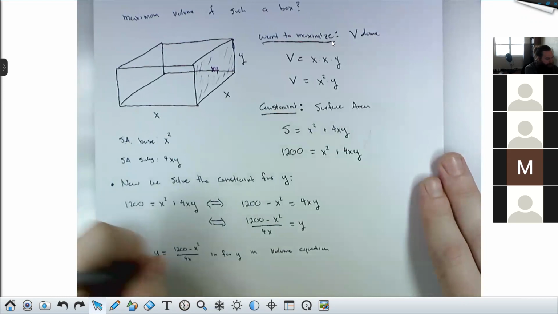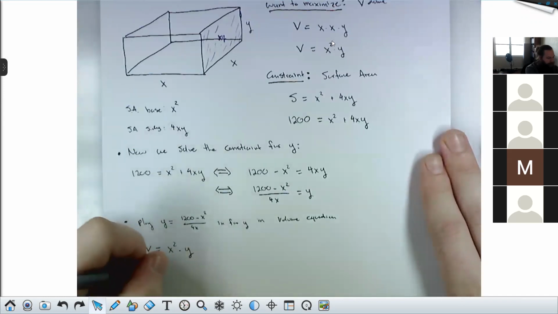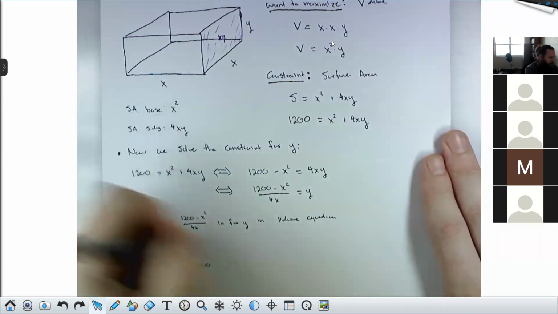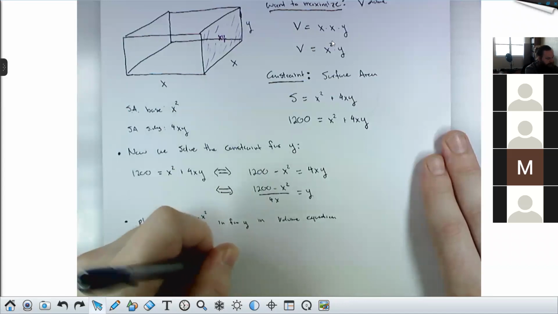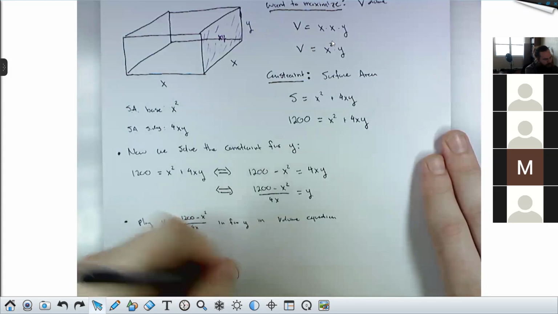So my volume is x squared times y. That is now x squared times 1200 minus x squared over 4x.